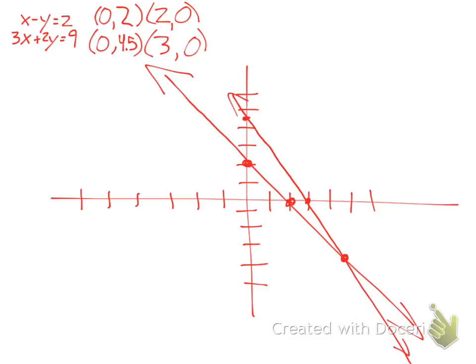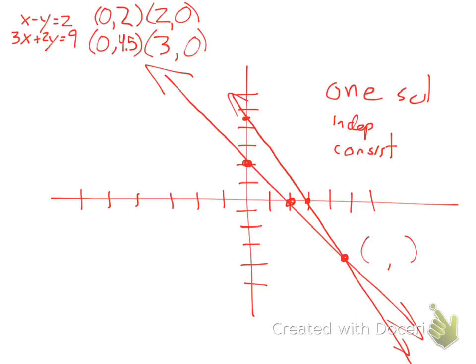So, this is obviously one solution, which means it's what? Independent and consistent. And the point happens to be, at least on my graph, yours might be slightly different, right?